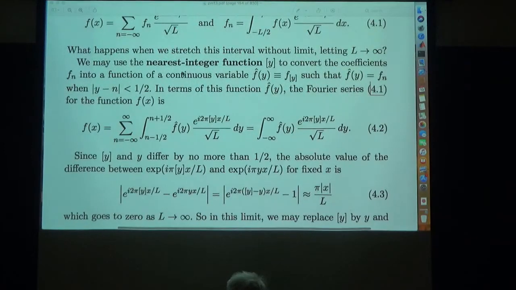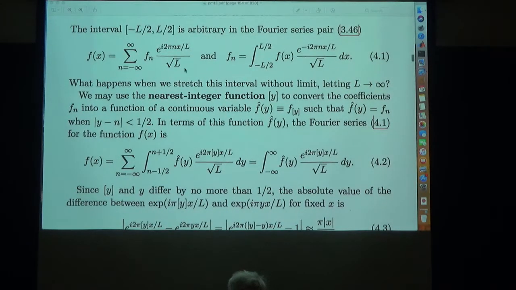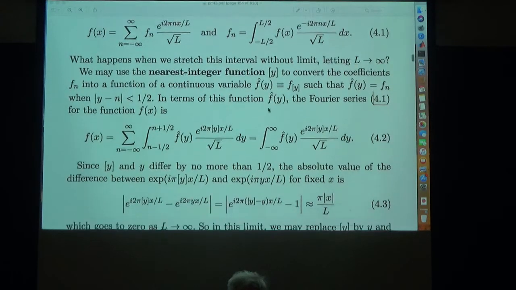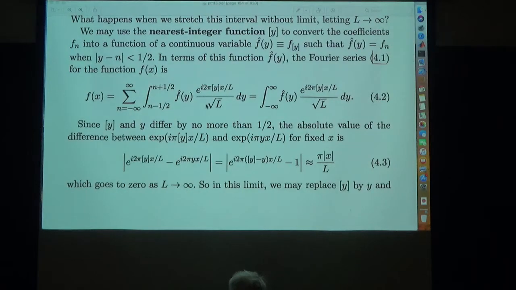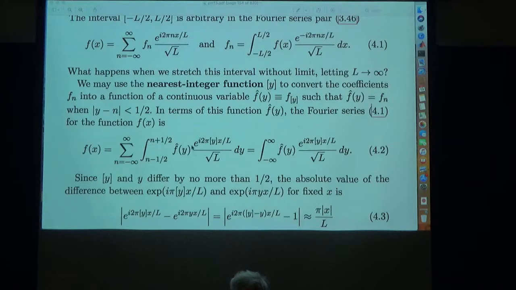Okay, so the first step is to use what's called the nearest integer function, and that just converts a real variable y into an integer, and so that allows us to turn f sub n into a function of a variable which we'll call y. And so when you do that, the expression for the Fourier series is a sum of integrals of the Fourier transform.